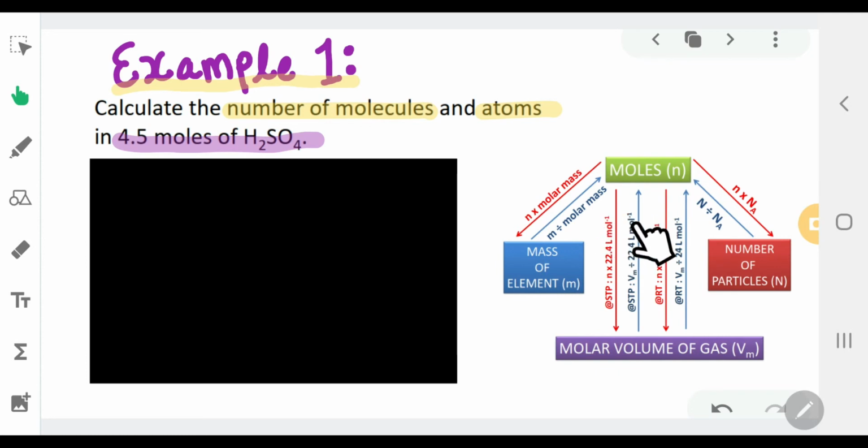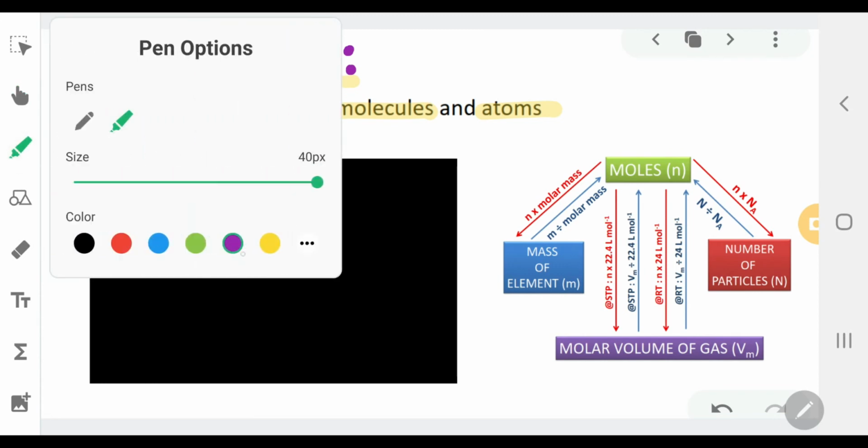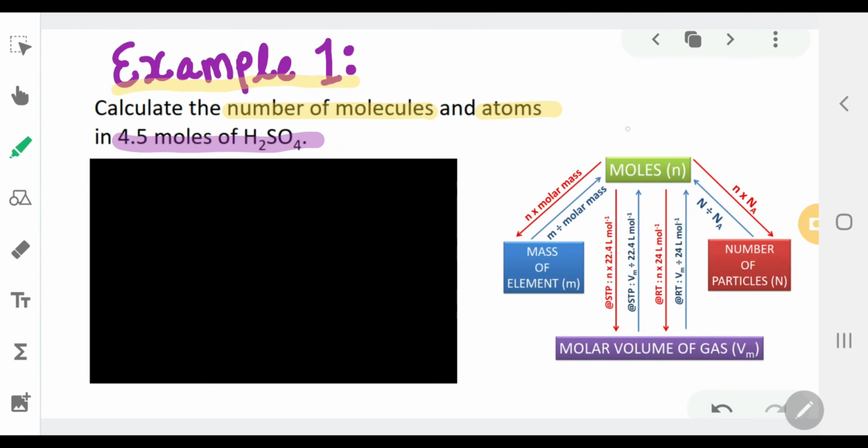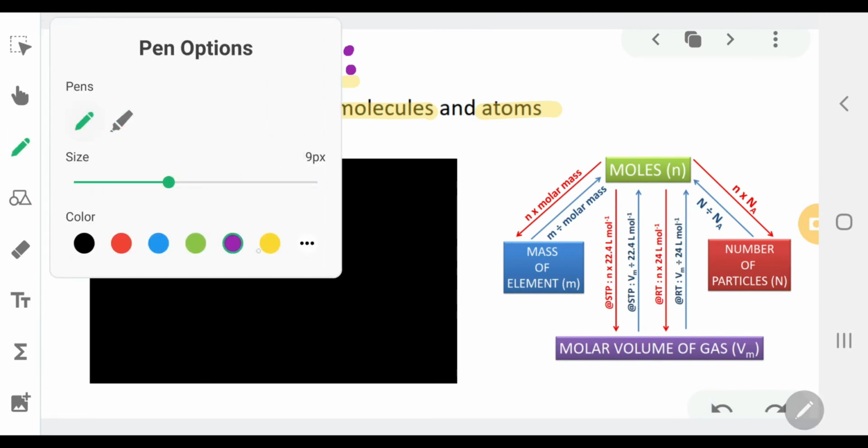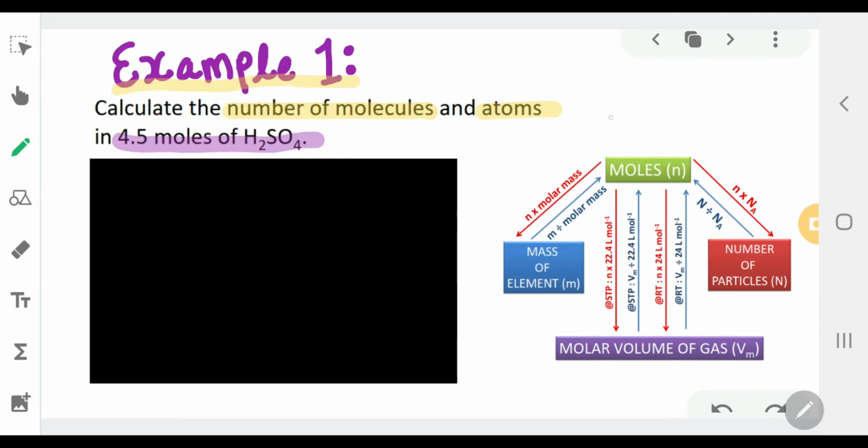So what you need to do is now you take the number of moles. So we're going to start from here. The number of mole is given to you. So that is 4.5 moles right over there. And the question wants you to find the number of molecules.